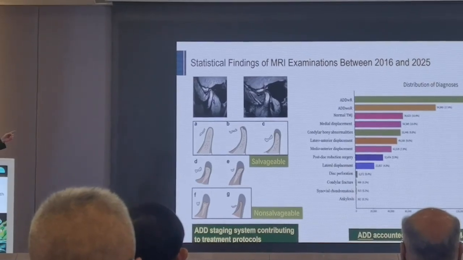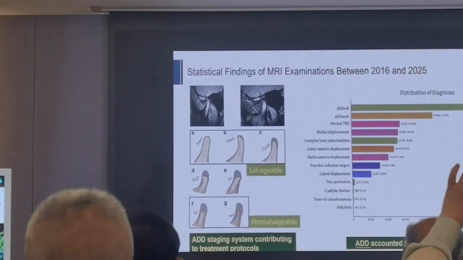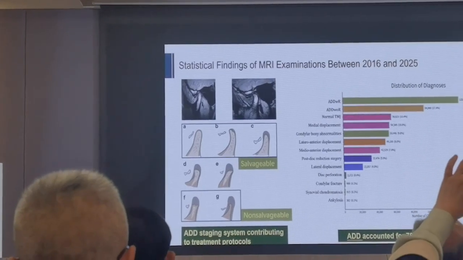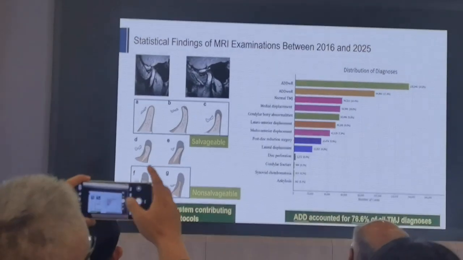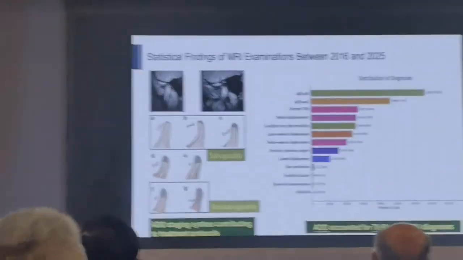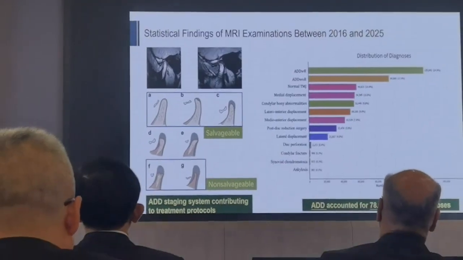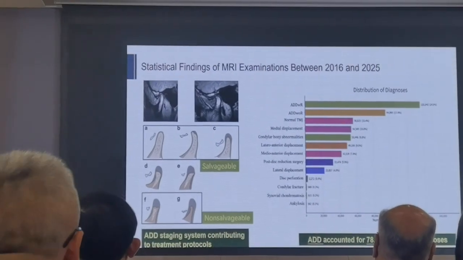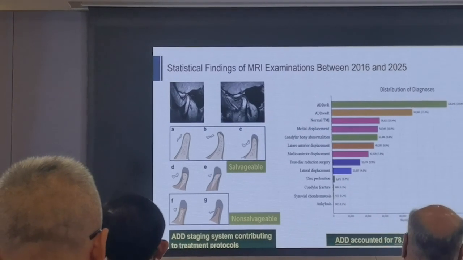Anterior disc displacement accounts for almost 89% of all joint diagnoses. According to the imaging, we can divide it into the anterior disc displacement staging system, which contributes to the treatment protocol.